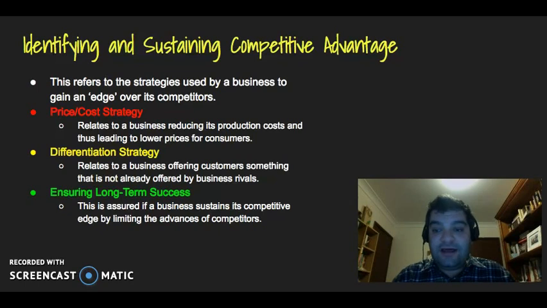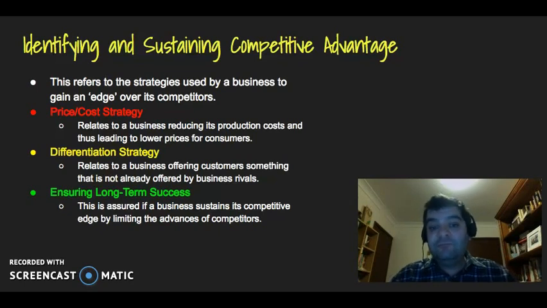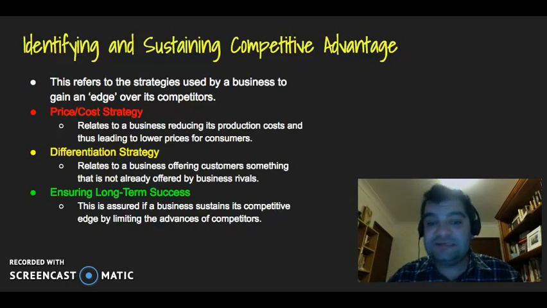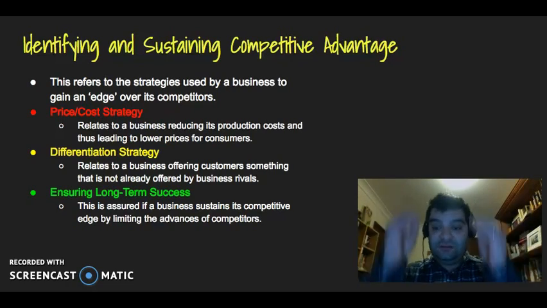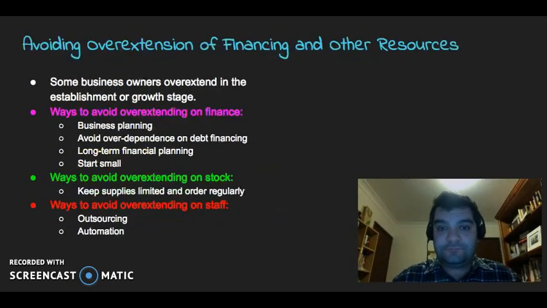If your competitor puts in $1 million worth of advertising for a product, then you need to put in $2 million worth of advertising for your product. Okay, try and stay one step ahead. Okay, by limiting their advances. Okay, the more advances you put in, the less they have. You'll keep your competitive edge.